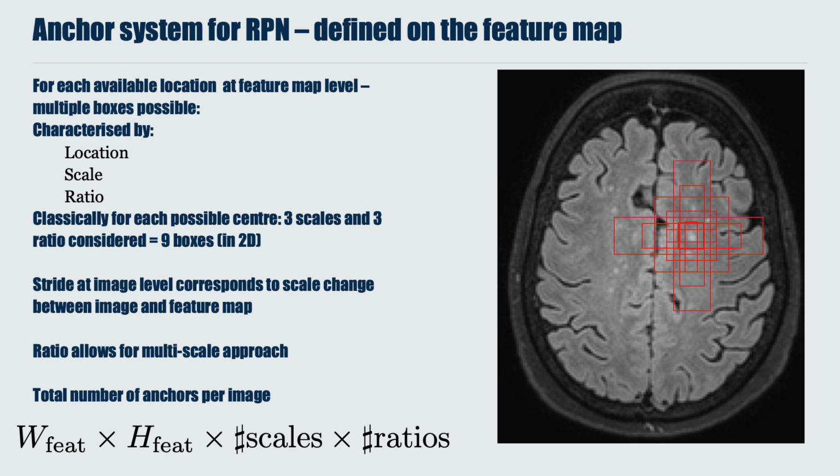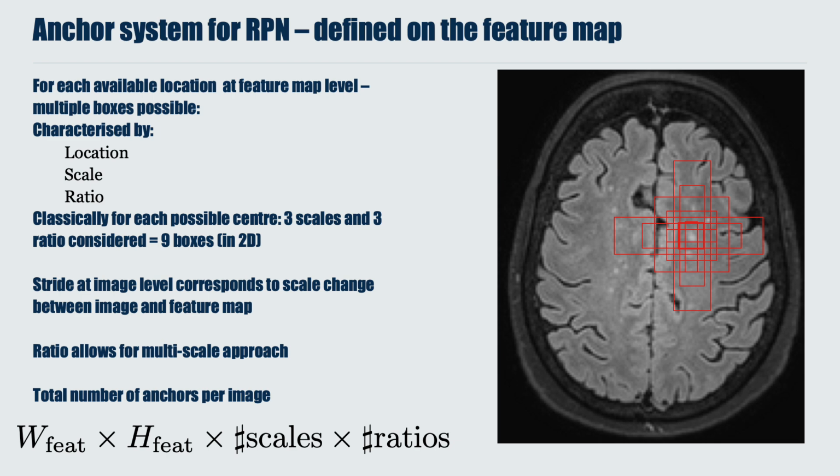So here we'll go a bit more in depth into what the anchor system for the region proposal network is. Just to remind you, it's defined on the feature map. I focus a bit on this because you will have to try to implement it during the tutorial, so it's better if we go a bit in depth into it.